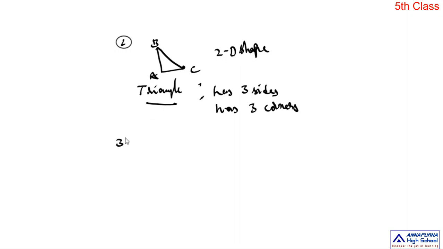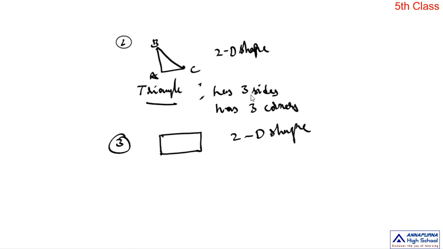For the third example, draw a rectangle. This is also a 2D shaped figure. Why? Because these three diagrams, the first a square, the second a triangle, the third a rectangle, are all made up of line segments only. The triangle has 3 line segments.